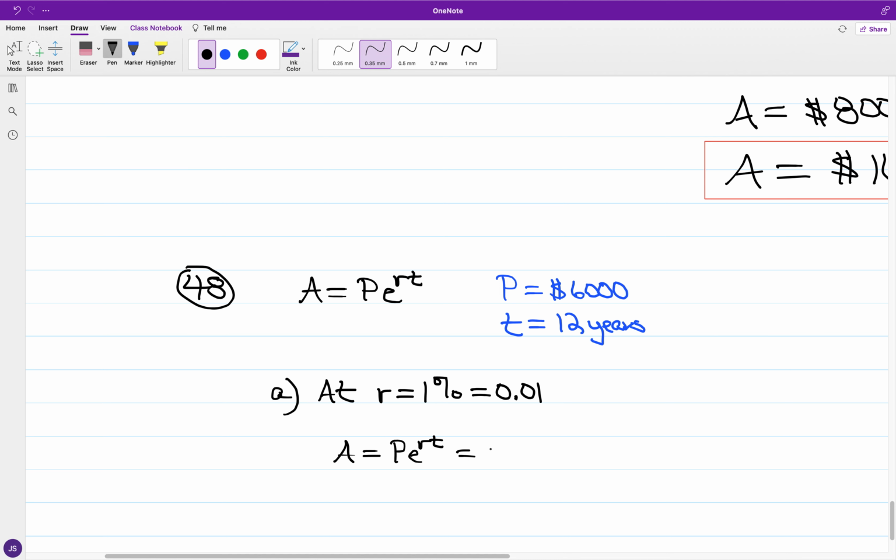So just filling in the numbers, you have $6,000. And for E to the R times T, R is at 0.01, and the time span we have for 12 years. And for 0.01 times 12, we're looking at E to the 0.12.